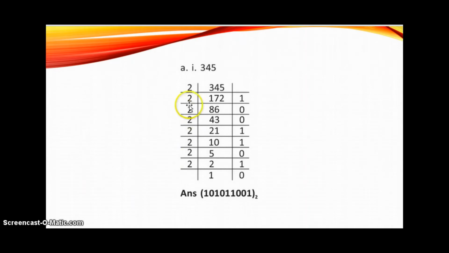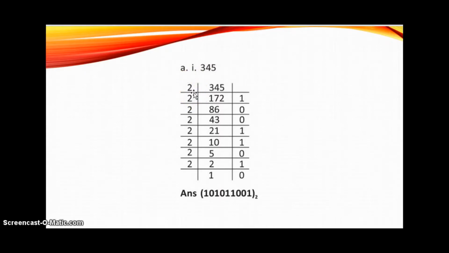By dividing the decimal number by the value of the new base. The new base is 2 because we have to convert it to a binary number, so we have to divide it repeatedly by 2.